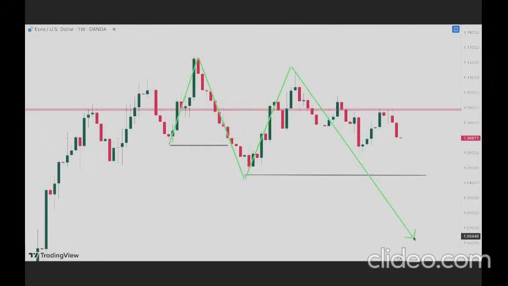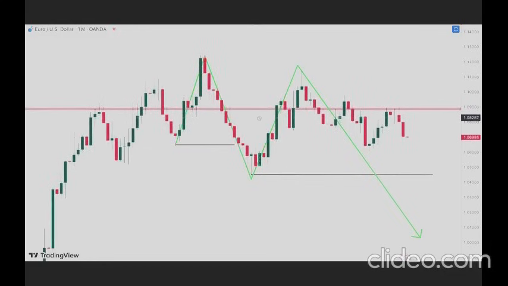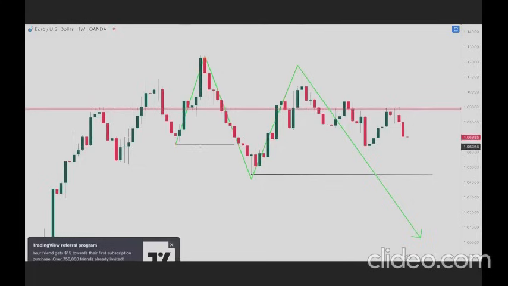So this will confuse you, but there is the indication that this will go down in the break of this structure.